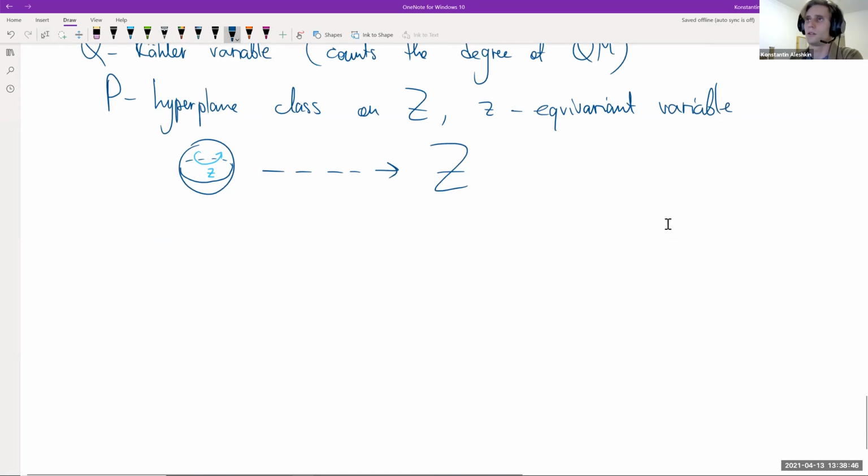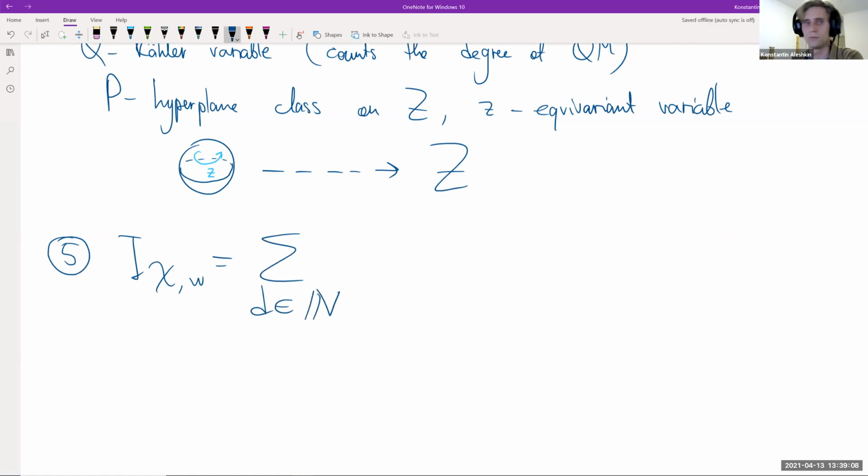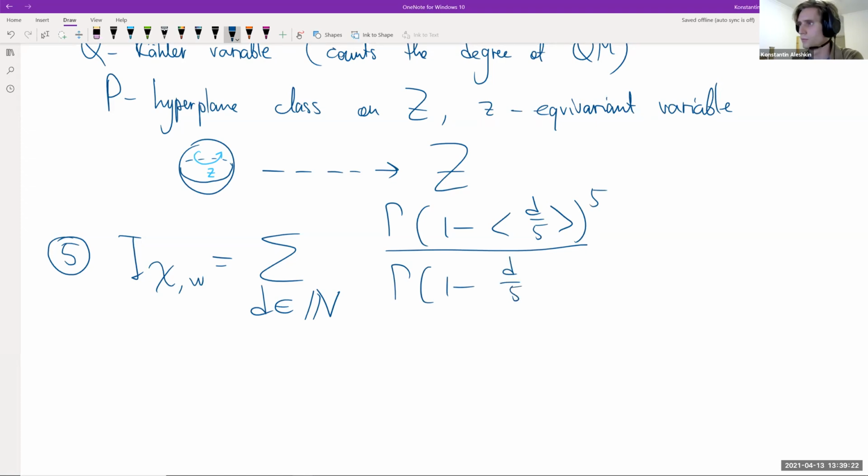And what about the I function of the FJRW theory? So let me also write it down. All right.